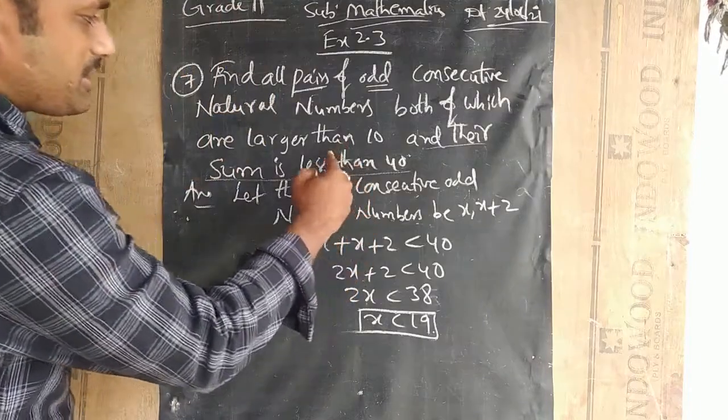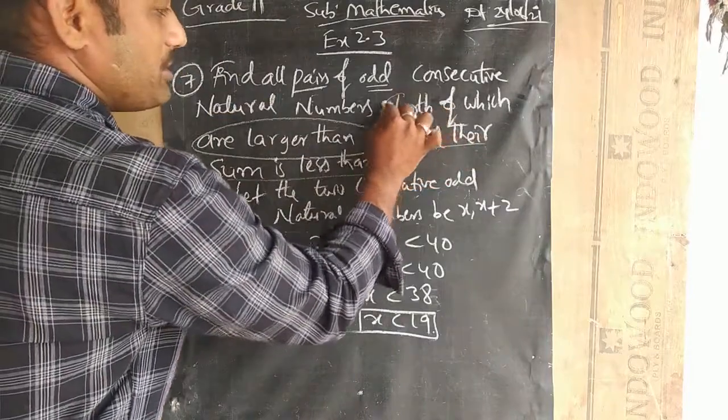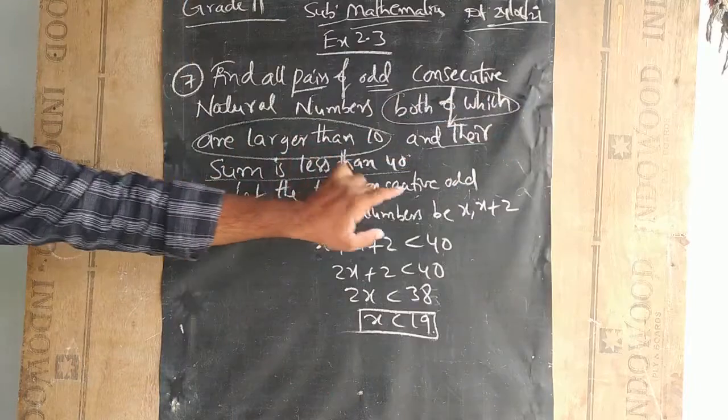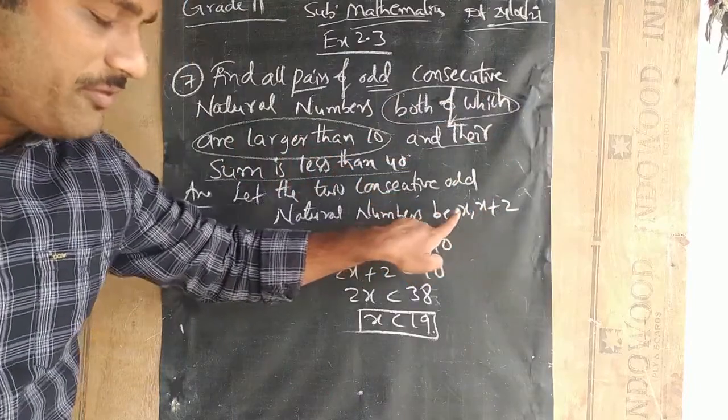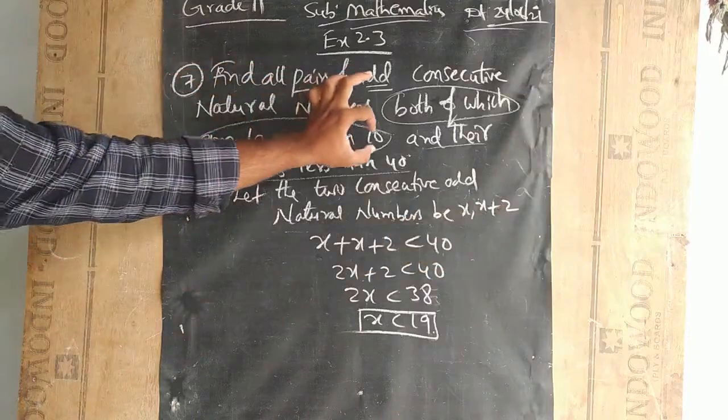So in the question, he is clearly mentioning that both of which are larger than 10. Means whatever the numbers that are there, which we have assumed as x and x plus 2, they are larger than 10.